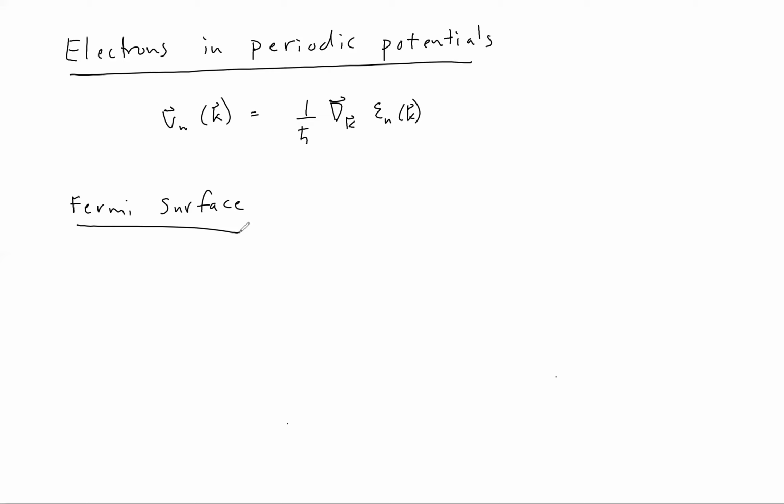So the ground state of a system with capital N electrons has the lowest energy levels filled with the N electrons, and any level in energy above that is empty.